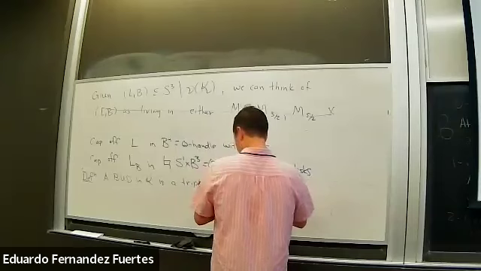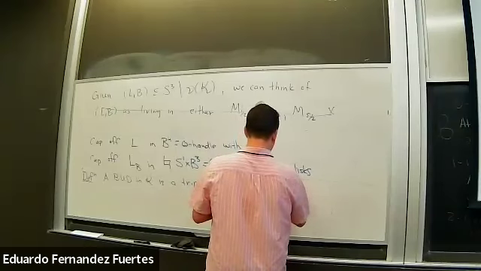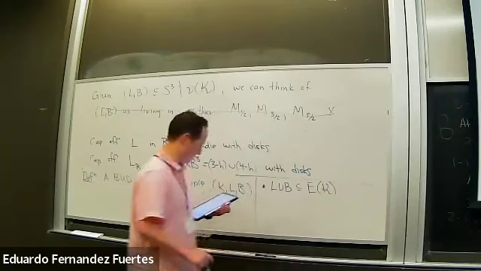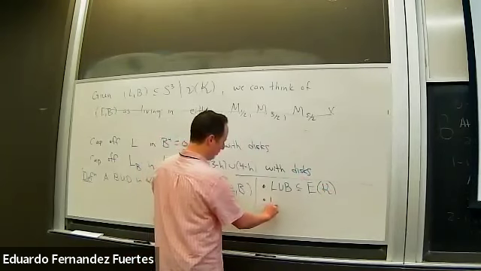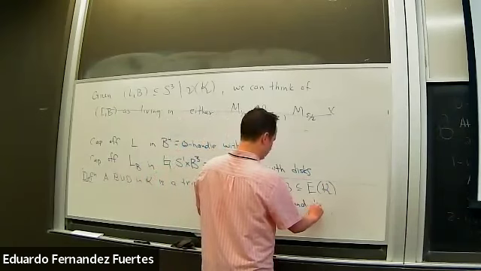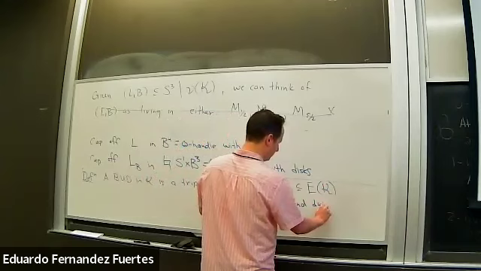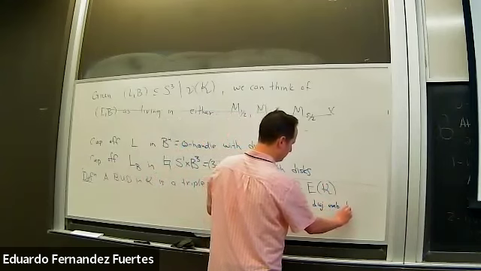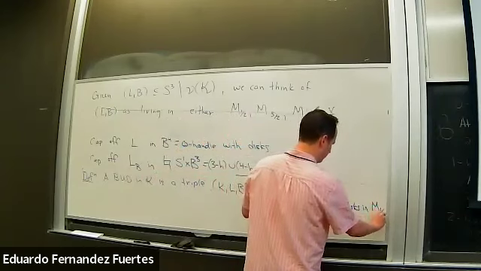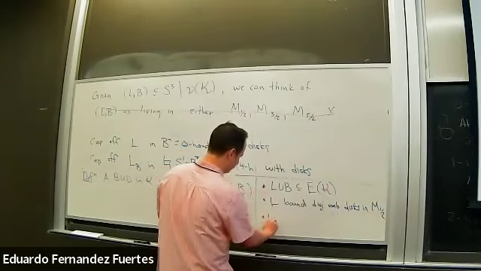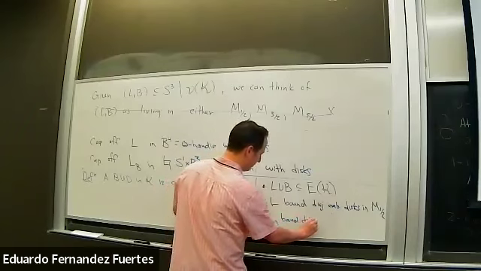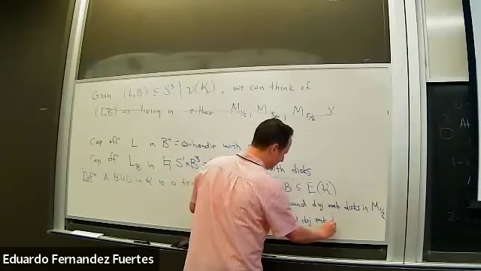We want the link union the bands to live in the exterior of the Kirby diagram that we've drawn. We want L to bound disjoint embedded discs in M 1/2, and we want the surgered link to bound disjoint embedded discs in M 5/2.